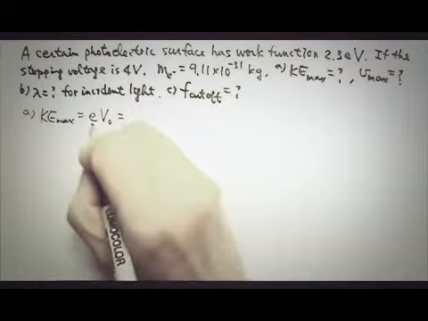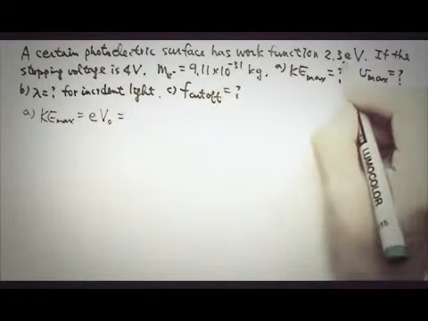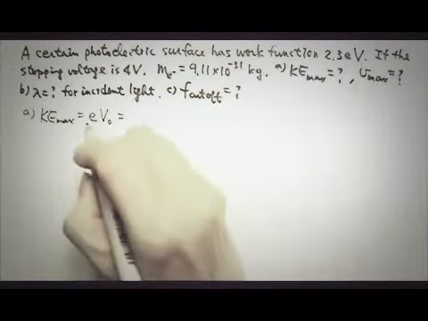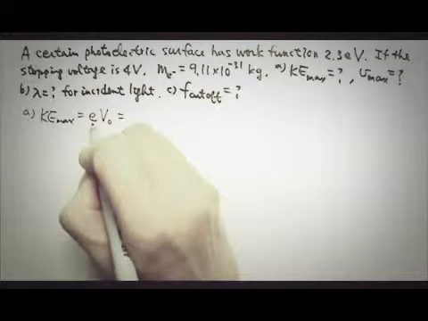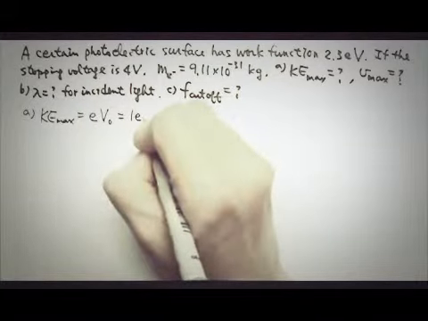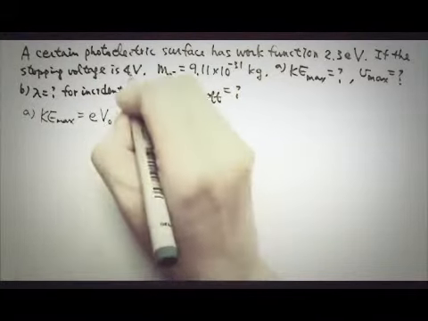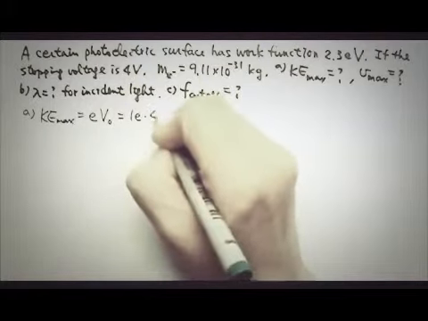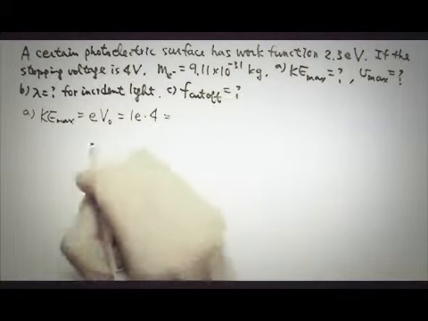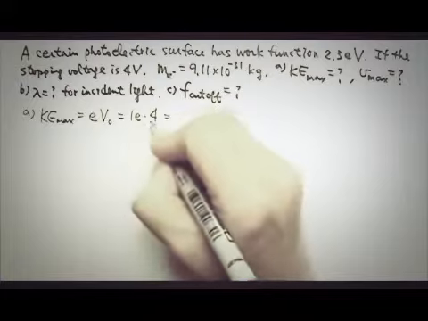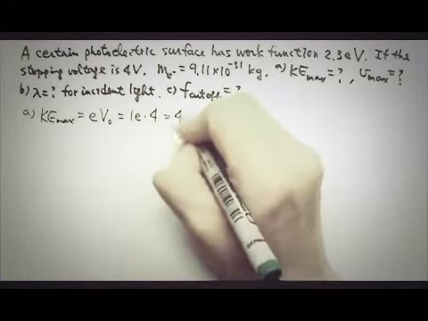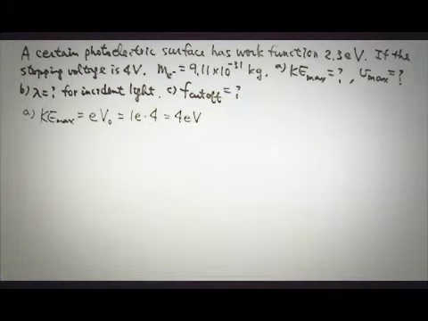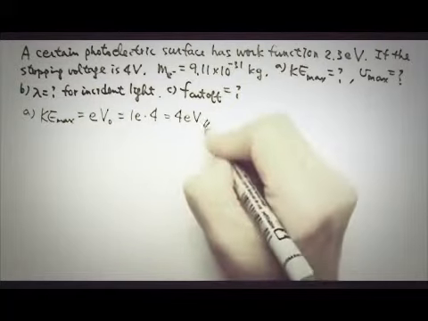So this would equal eV, and because we're using electron volts, we'll say the charge is 1 e and the voltage is 4 volts. That's the stopping voltage. So the kinetic energy is 1 e times 4 volts. That's 4 electron volts. So that's the kinetic energy.